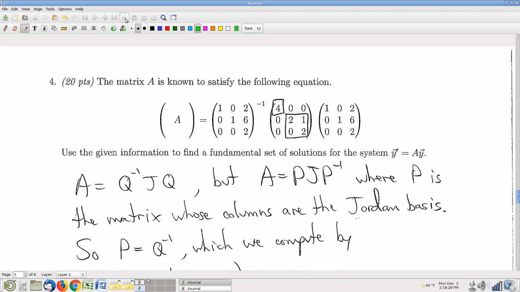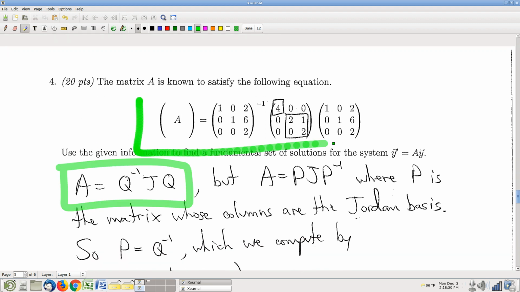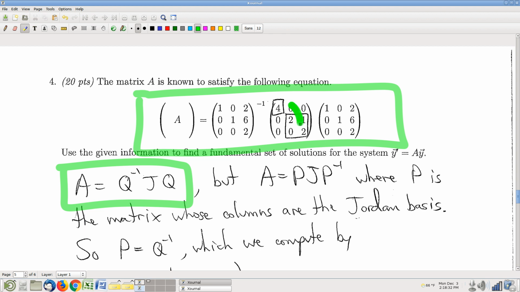So you can see here I've got A written as Q, J, Q inverse. That's J, and I'm calling this matrix here Q. So Q inverse JQ. Well, let's see. No, I better put the Q here. That makes more sense, doesn't it? Okay.